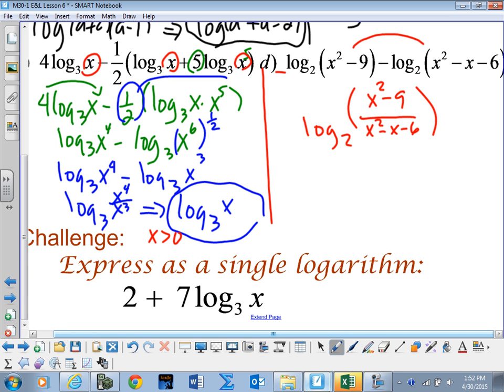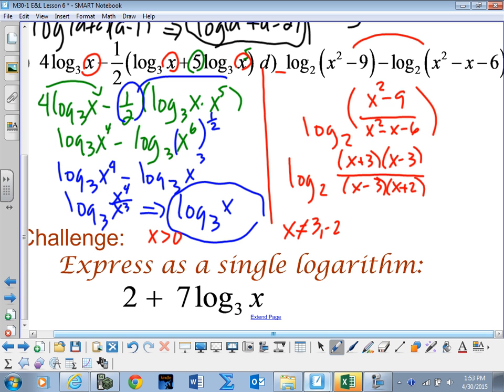This can't equal 0. So before we do restrictions, let's take a look at simplifying this. So we also can't have this being undefined. If we have a fraction here with variable in the denominator, we have x can't be 3 and negative 2.